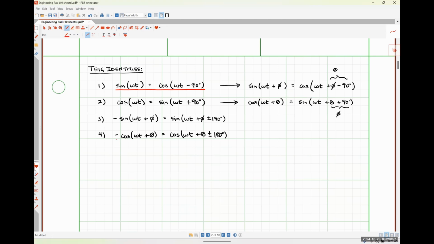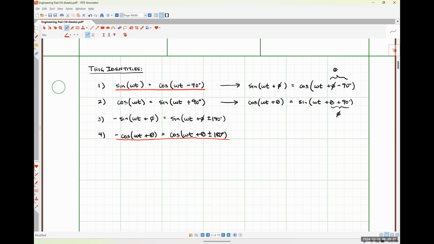And then this guy right here, where if I need to get rid of a negative sign out front, I simply shift my phase by 180 degrees. If I know these two things, I can put any possible sinusoidal signal as a cosine function with a positive amplitude. These are two incredibly important ones that I expect you to fundamentally know by the end of this class.